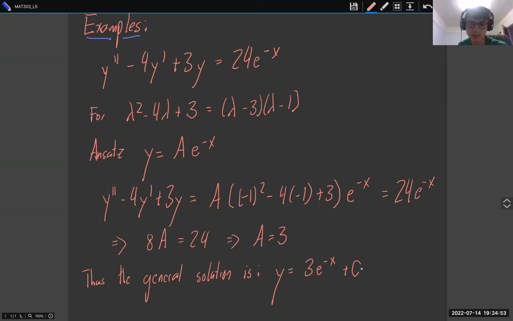Times the homogeneous. Well, what's the solution to the homogeneous equation? e^(3x). Plus d times what? e^x. Good. So in general, we always want to write down general solutions. After you have found a particular solution to the inhomogeneous problem, the general solution is that plus solutions to the homogeneous problem.